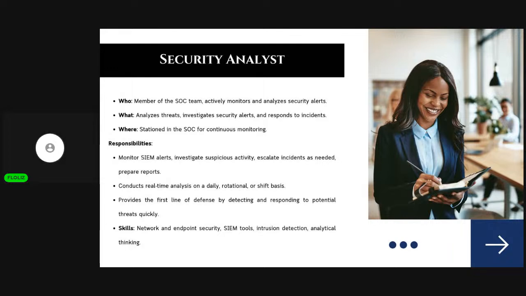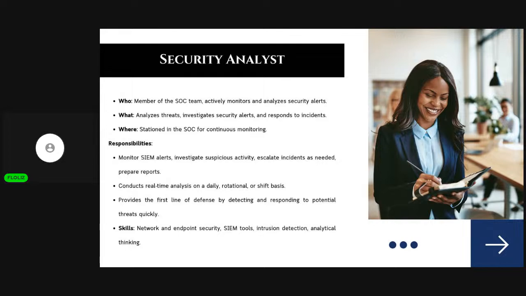So you must be able to analyze, and your responsibilities will be targeted on having real-time analysis of any security event that can be exploited. You should be able to investigate and escalate incidents in a timely manner.